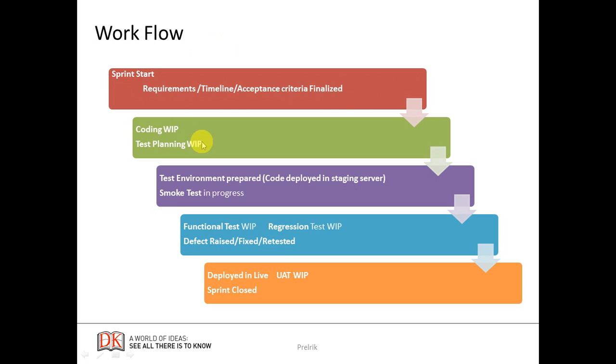Code in WIP, test planning in WIP. So while the coding part is in WIP, the test team plans their work and sets up the test environment, and at the same time the tester performs smoke test in progress, function testing WIP, regression testing WIP, and if there was any defect, it will be raised and fixed, and then it will be deployed into the live.